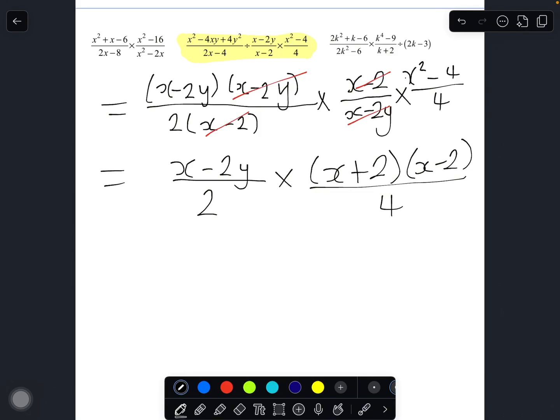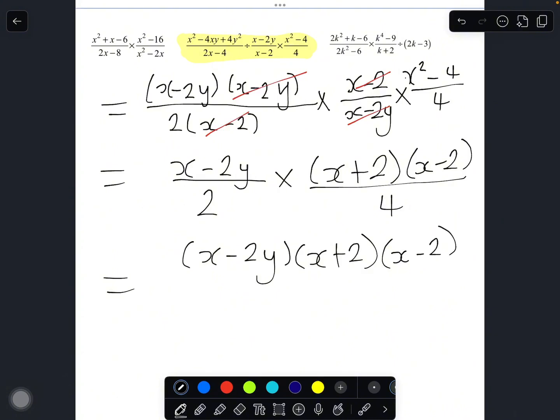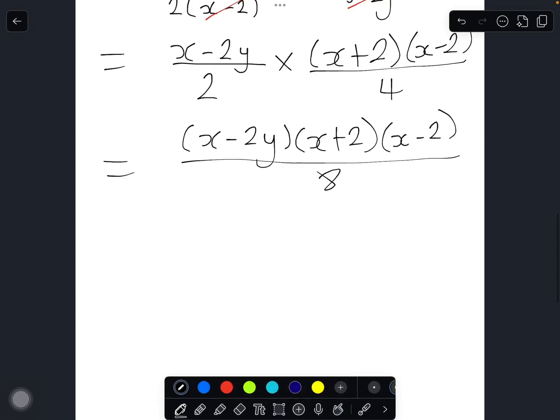So our final answer can be x minus 2y into x plus 2 into x minus 2 all over 8. And if your school likes you to multiply it out afterwards, let's do that.